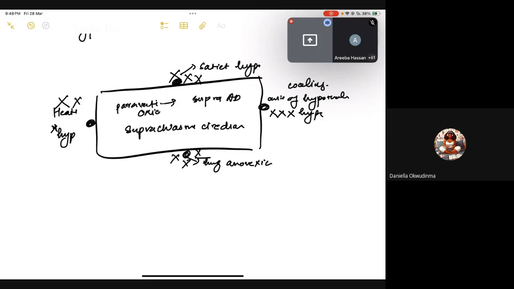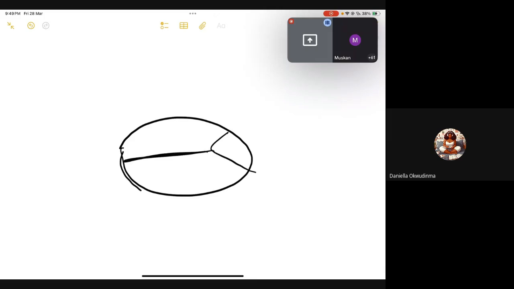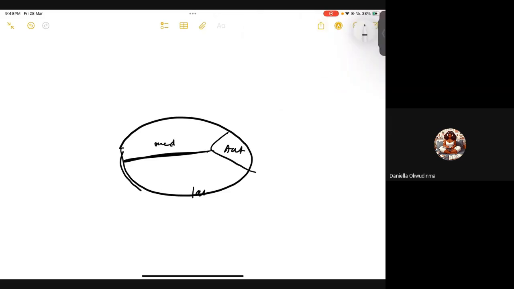Okay, so we discussed the thalamus as well. If you remember, if this is our thalamus, we have a Y kind of structure. We divided the thalamus into the medial portion, anterior portion, and lateral portion, right?